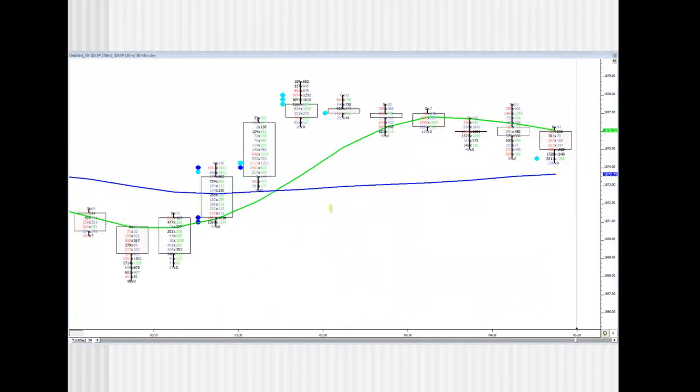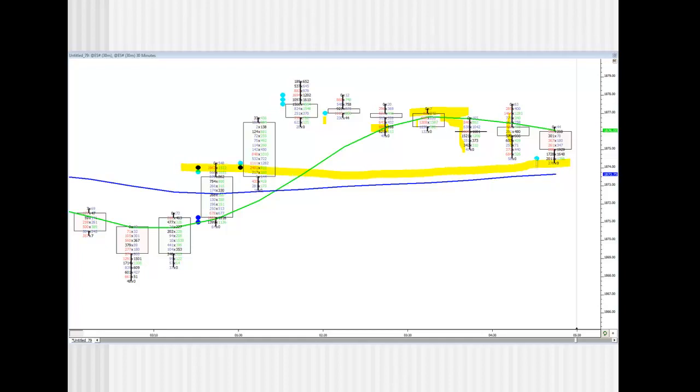Now let's take a look at what happens and continues to happen. Notice we were here at this candle. We sort of stayed in the same range for a little bit and then dropped a little bit more, dropped a little bit more. Now I want you to notice, because we talked about this before, these key levels of heavy participation.